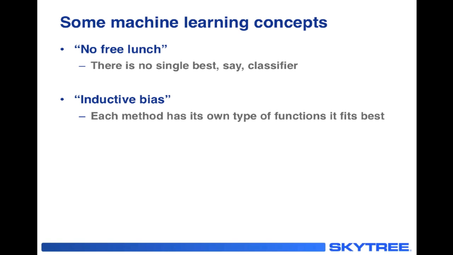Inductive bias is some terminology used to basically say every method has its own leaning, in terms of the kinds of functions that it likes to fit well. I'm not a huge fan of this term. Think about a decision tree.